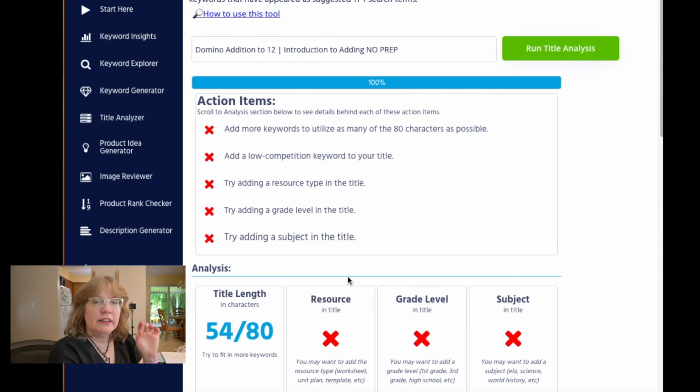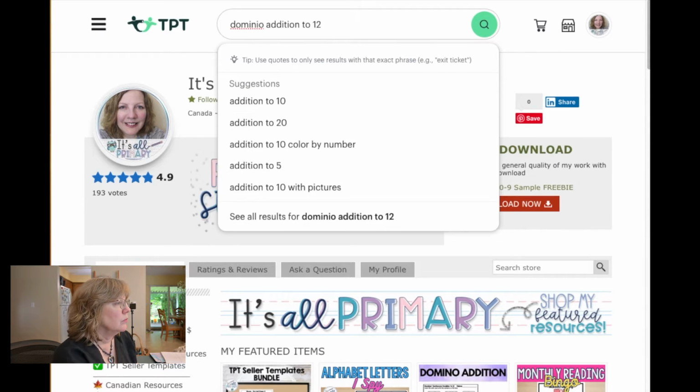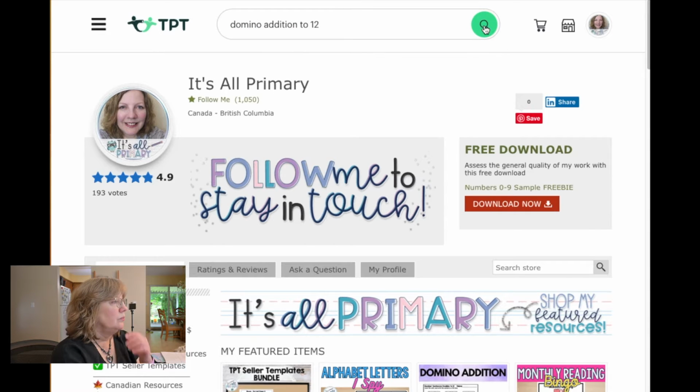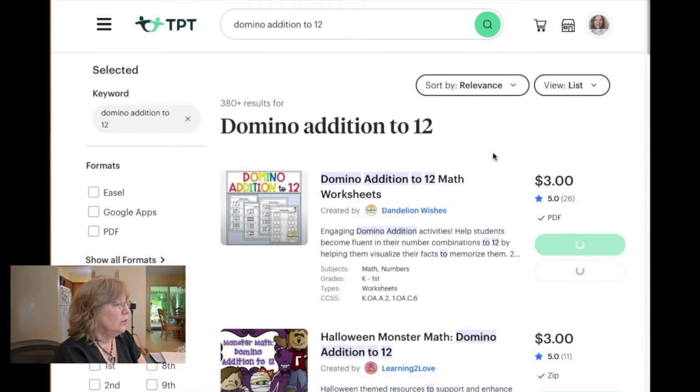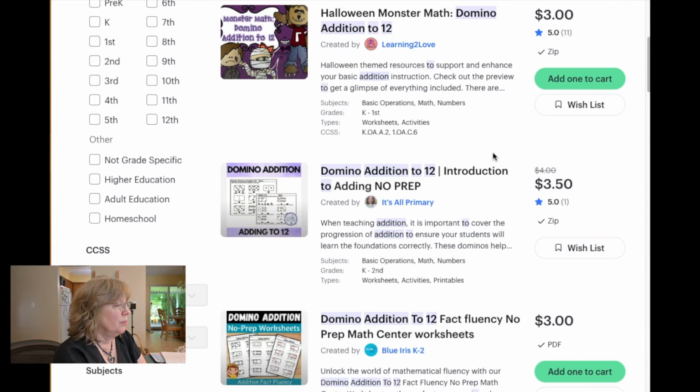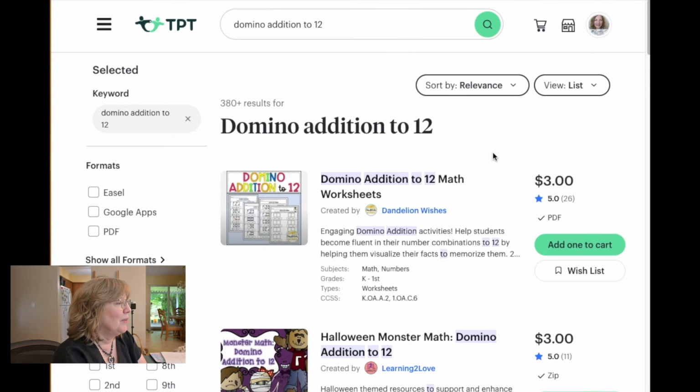Now, if I go back to TPT, let's see if I can find out where it ranks. I don't expect to be on the first couple. Shocking, I'm not on. First of all, Domino Edition to 12, I rank.